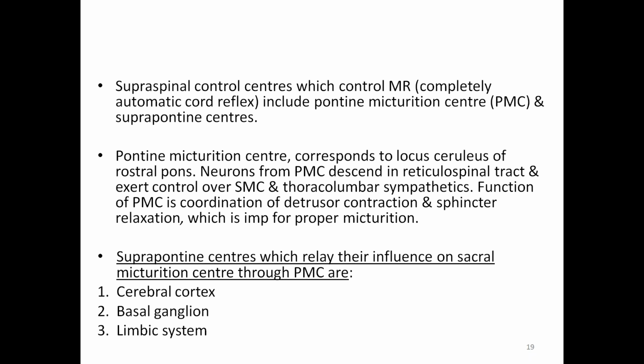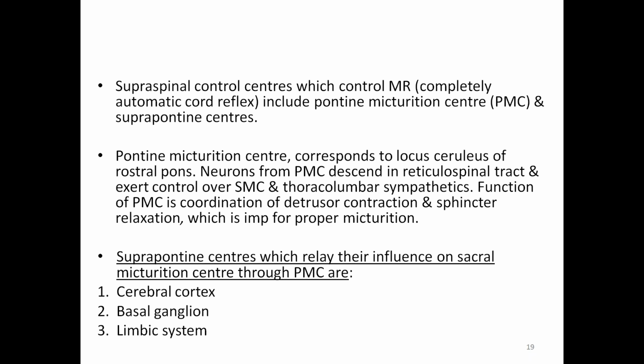Your pontine micturition center, also called the Barrington center, corresponds to the locus coeruleus of the rostral pons, and the neurons from this center descend in the reticulospinal tract and exert control over the sacral micturition center and thoracolumbar sympathetics. This center is responsible for coordination of detrusor contraction and sphincter relaxation, and its other job is to relay inputs from the suprapontine centers.